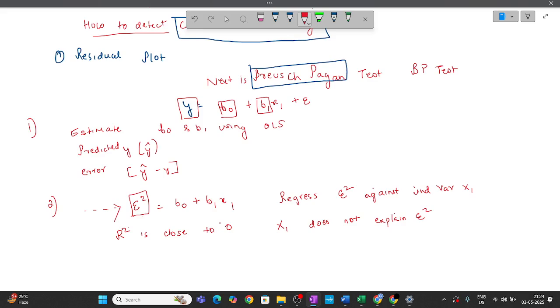So if r square is close to 0, independent variable does not explain the error term, so we will conclude that no conditional heteroscedasticity is present.